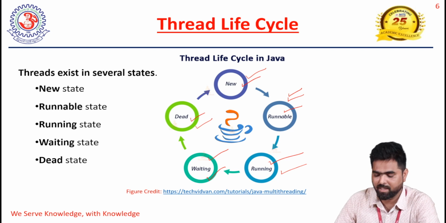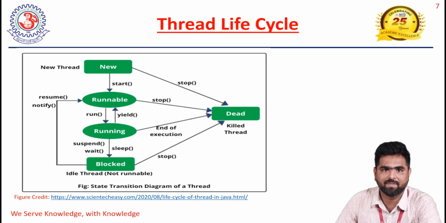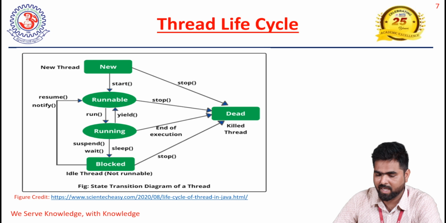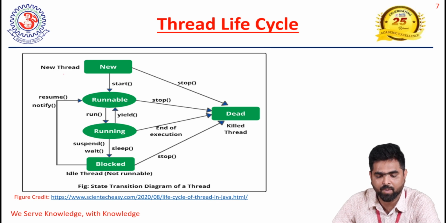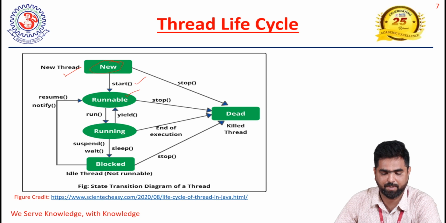Now we will see the state transitions of a thread life cycle, from which state to which state the thread moves. As I told you, when we create an object of the thread class, a new thread is created. When the start method is called on that object, the thread immediately moves from the new state to the runnable state.